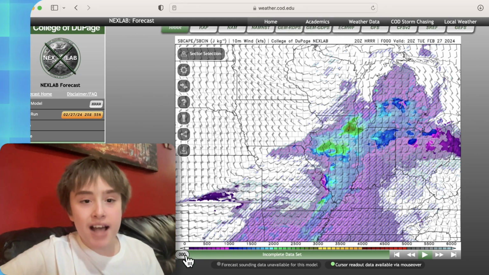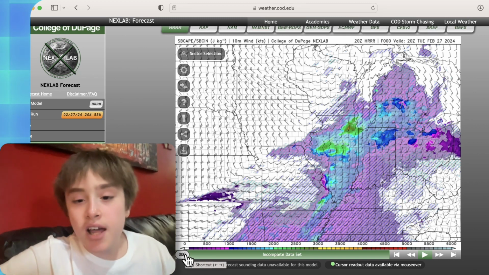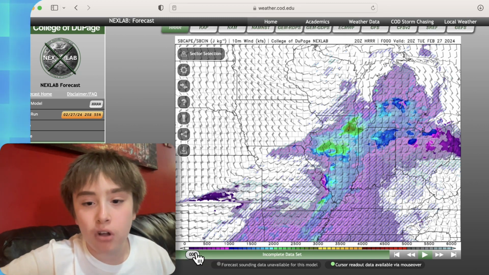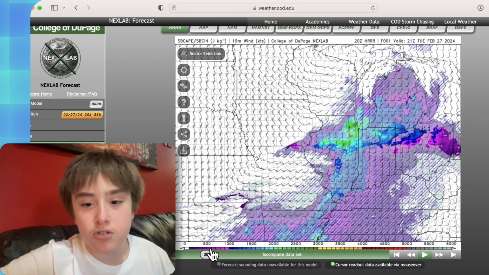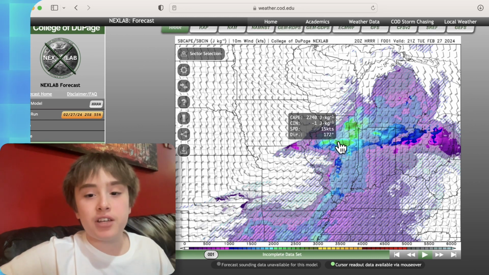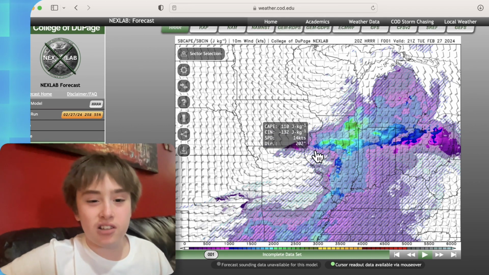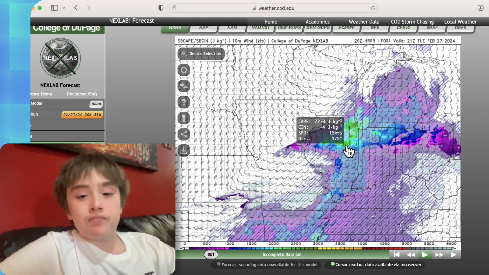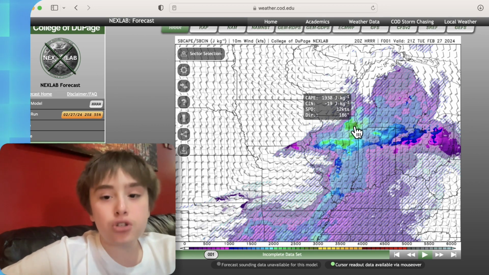So as we move this forward, this is around 4 p.m. now, and as we move on, this is the HRRR model, you can see that a huge change occurs because we have lots of energy here. This is very good CAPE, and if we take a sounding from here, oh, I guess I can't do it on this, my bad, but this is very good CAPE. This is good for storms.